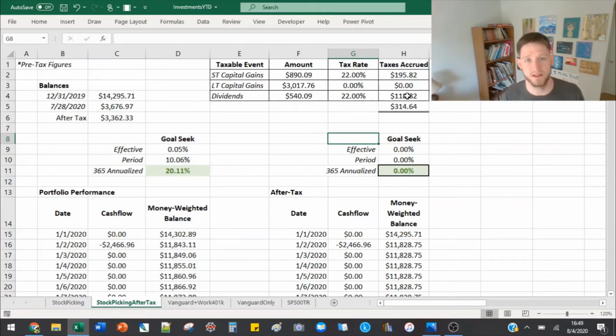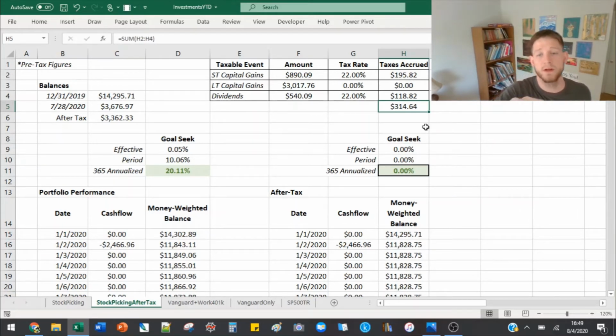The hardest part about this entire analysis is knowing where you fit under the tax bracket. So that's something you're going to have to research on your own. For me, I put the amounts here, the tax rates here, and how much that would accrue, and the total amount. Now, to figure out our after-tax performance is quite simple. The hardest part is this table up here, and that's going to be different depending on who you are.